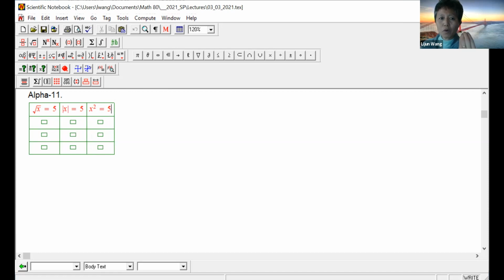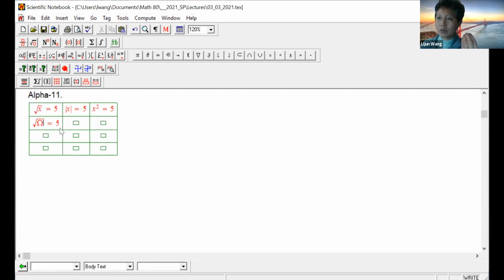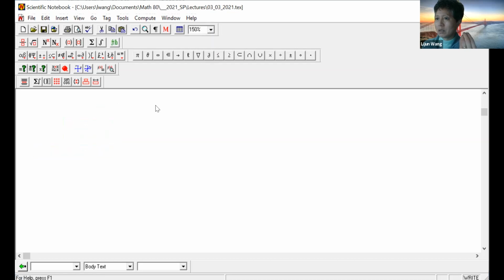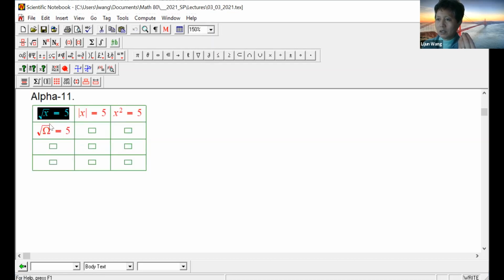The next row, if you look at it, basically we are seeing x as baloney. I know that symbol is called omega, but I'm going to call it baloney. You can see these two forms are the same, aren't they? Are these two forms the same?